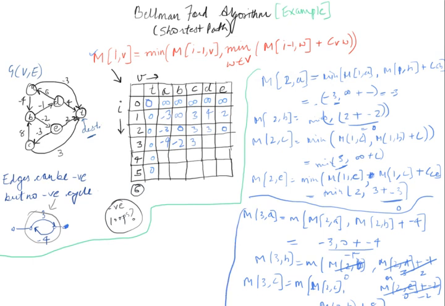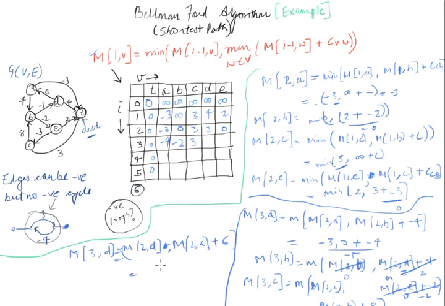Okay, let me make some more space here. M3D is the minimum of M2D, or D is connected to A. So it is M2A plus DA, the distance AD, 6.